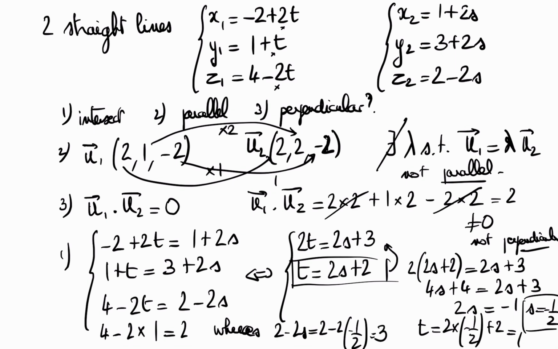Okay, so this doesn't work. So there is not such a parameter t and s such that x, y, and z have the same value at the same time. So therefore, they don't intersect. So they are skew. That's it.